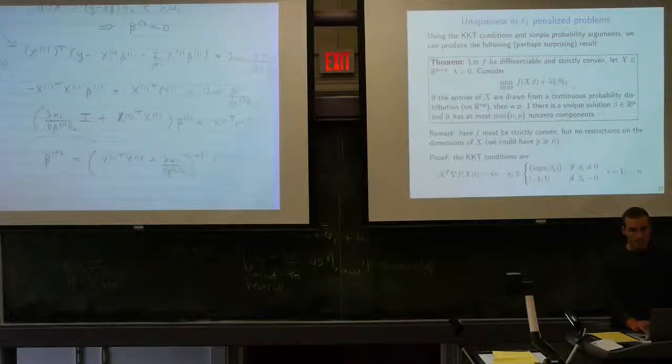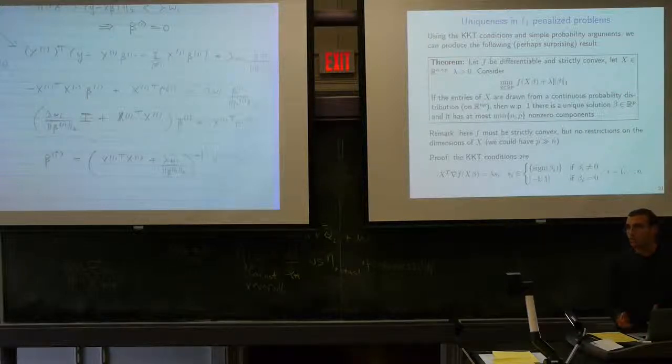Okay, so this result here in particular says that if we look at most L1 penalized optimization problems, where I'm being loose about what I mean by most, but the precise details are on the slide, then they have a unique solution, even though this entire criterion may not be strictly convex.